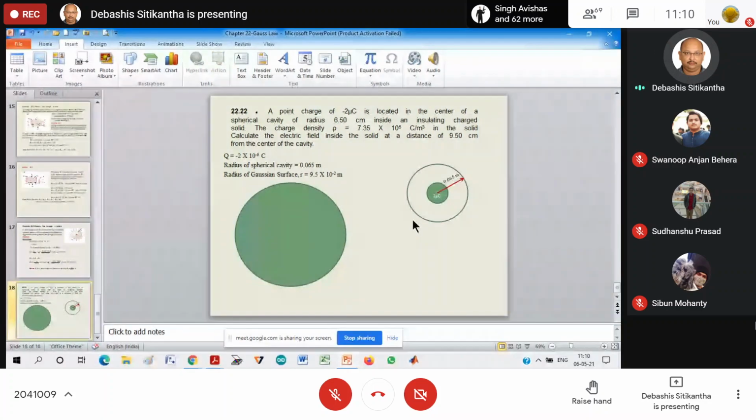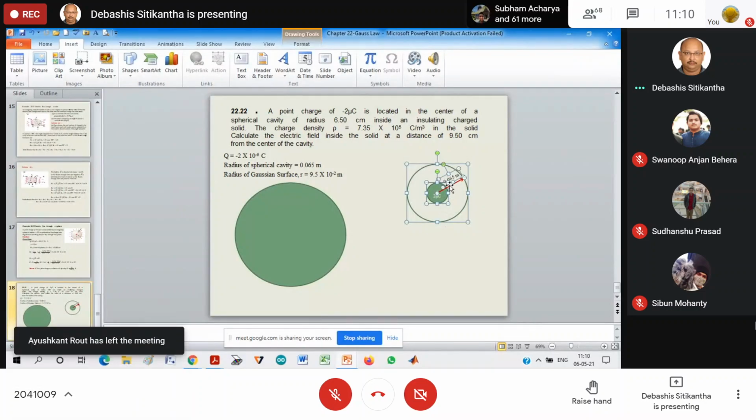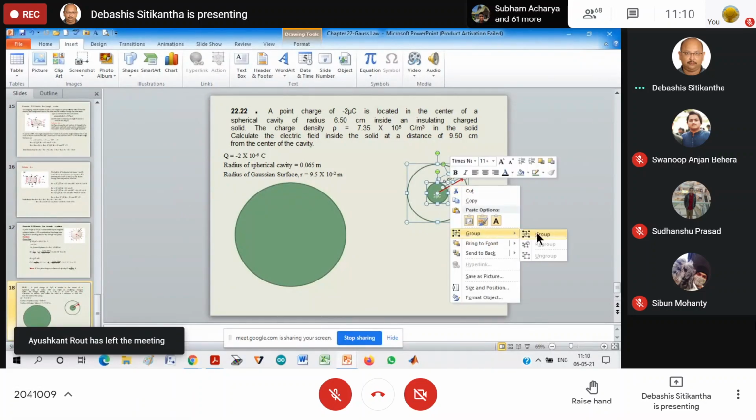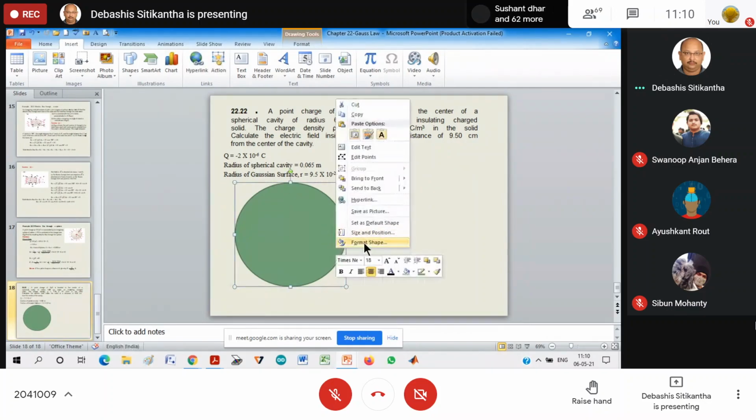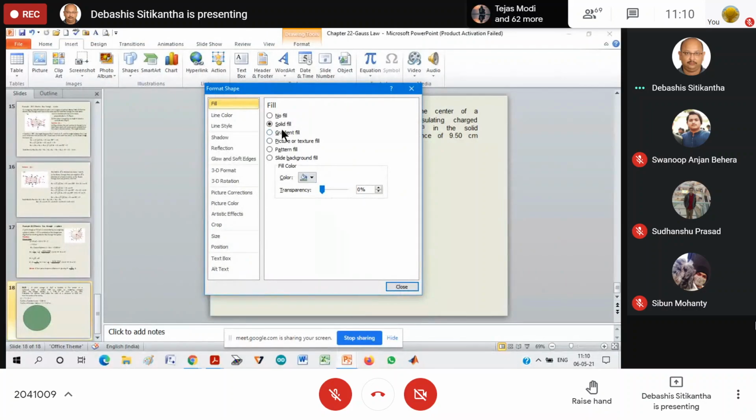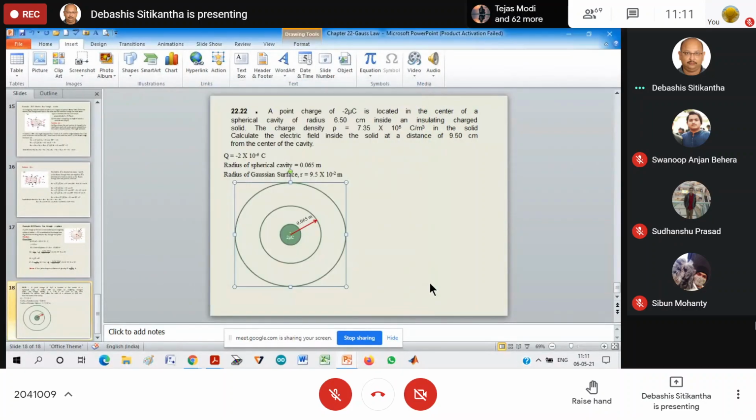Okay, so this is the solid sphere. Now this portion is also solid, right?